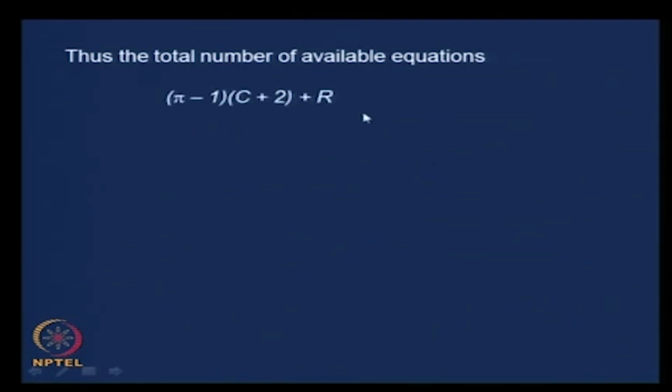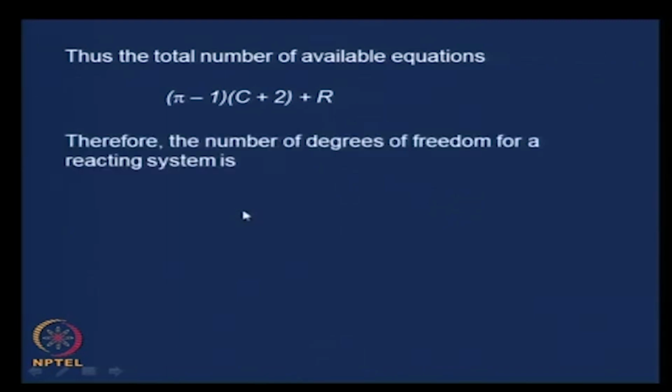We looked at the total number of available equations, which is (pi minus 1) times (C plus 2) as for the case without reactions, plus this R, and the number of variables minus the number of available independent equations between those variables actually gives us the degrees of freedom. Therefore, F, the number of degrees of freedom, is pi times (C plus 1), the number of variables, minus the number of independent equations between them.